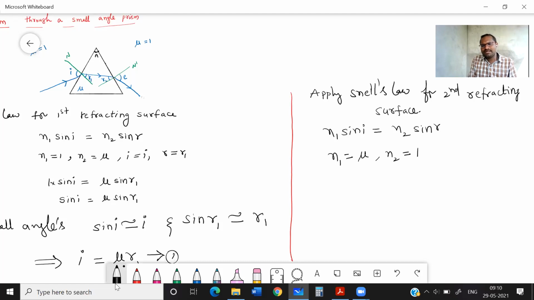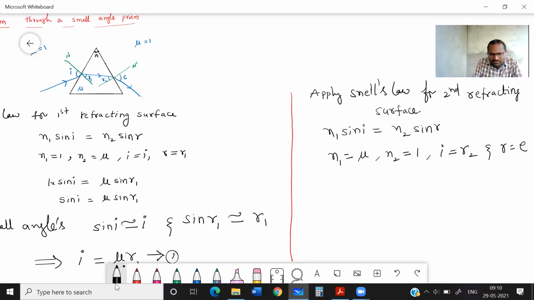So n2 is 1. And what is the i value, the angle of incidence here, for the second refracting surface? R2. And what is the r value here, the angle of refraction? That is E. Substitute all these in the equation.